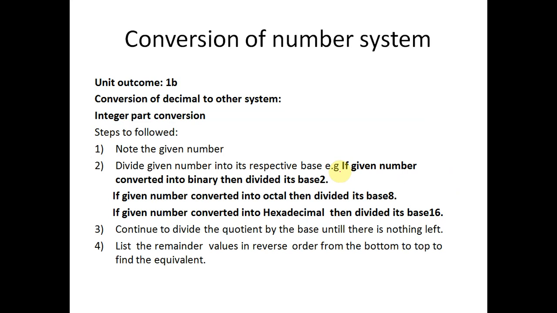Now, next outline of this lecture is conversion of number system. In this conversion of number system, there are different ways of conversion. First conversion method is the conversion of decimal to other systems. Decimal to other system is nothing but the decimal number is converted into binary, decimal number is converted into octal, and decimal number is converted into hexadecimal.